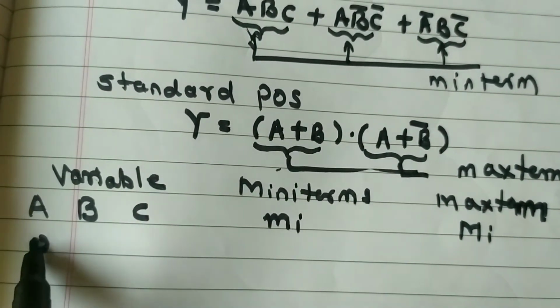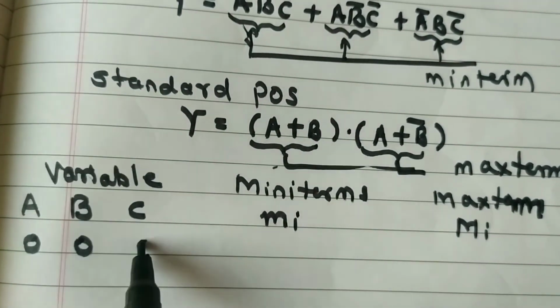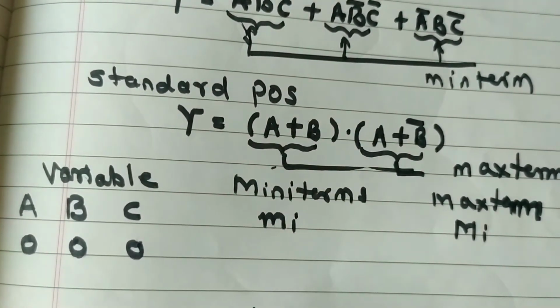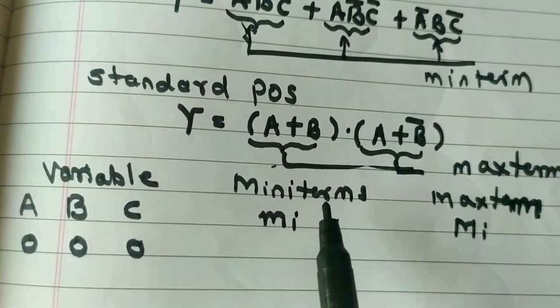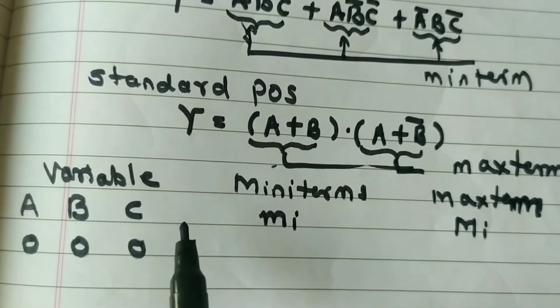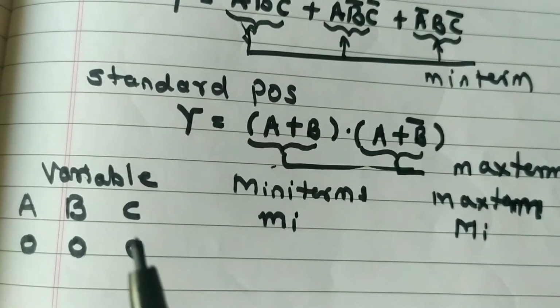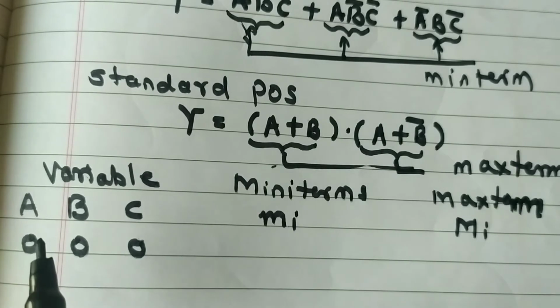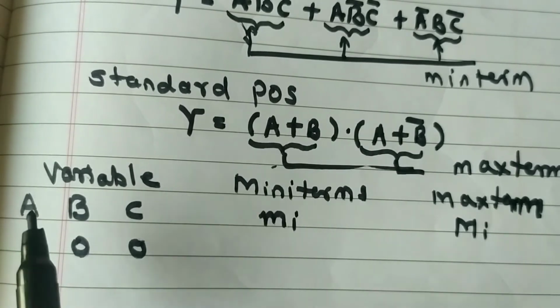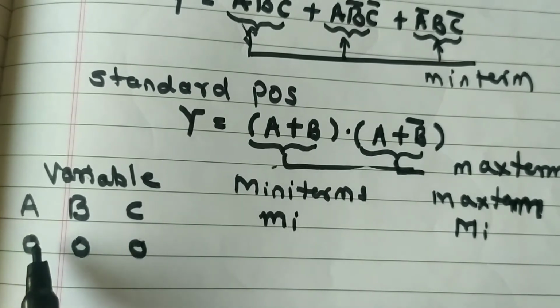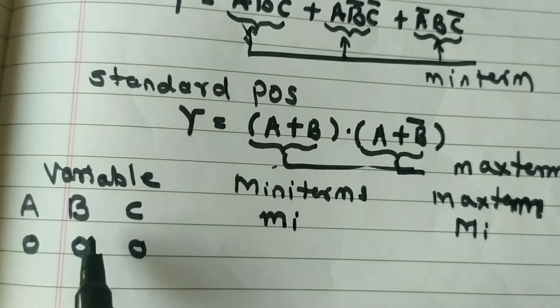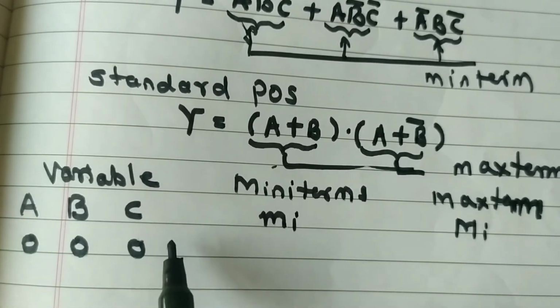When all the input variables A, B, C are in low condition, we take the product of the input variables. Since each product term is equal to 1, for the product terms or minterms, if any input variable is low or 0 level, then take its complement, and if its value is equal to 1, then take it in the uncomplemented form.